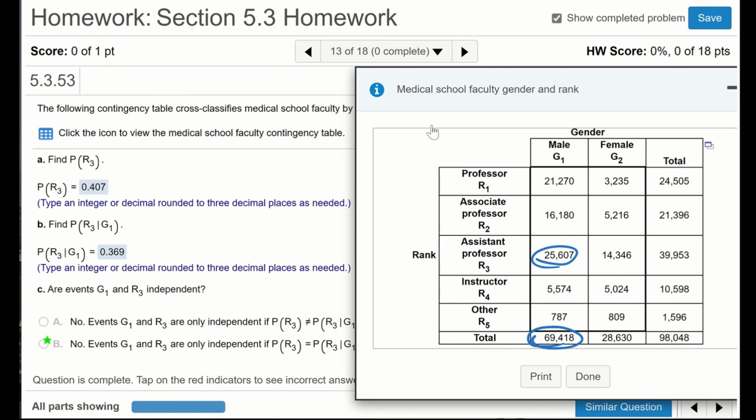So remember, when you do a conditional probability, you change the sample space. That's the key thing. So when you're dividing the number of favorable items by the cardinality of the sample space, that number on the denominator is going to change the cardinality of the sample space.